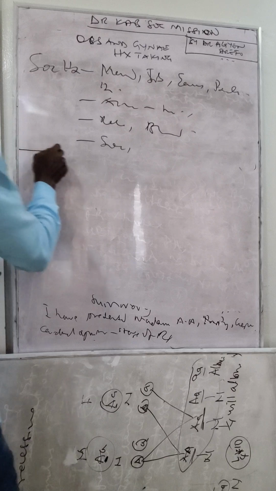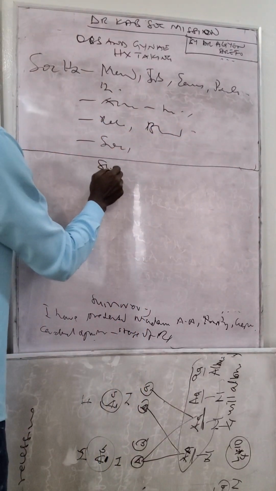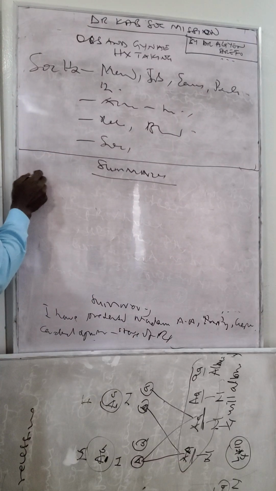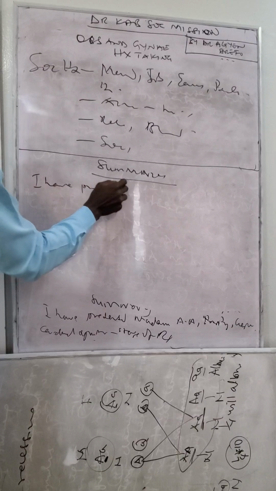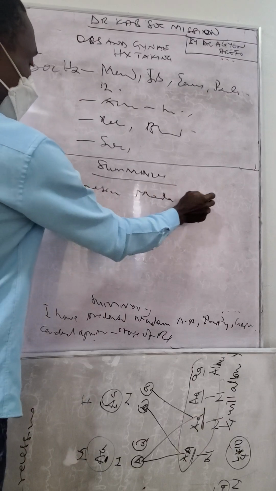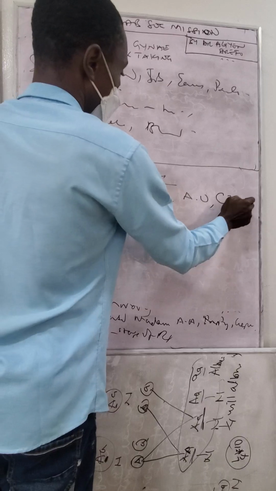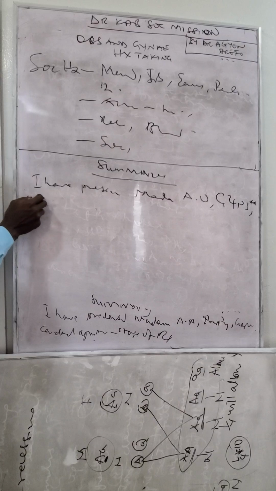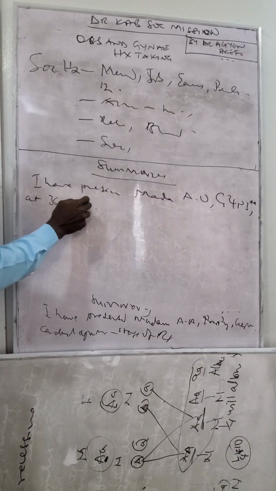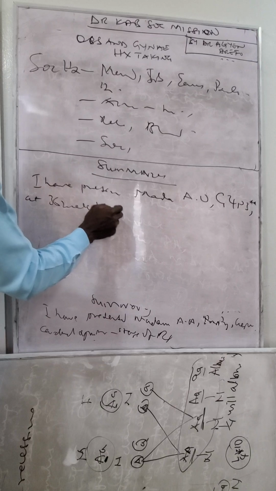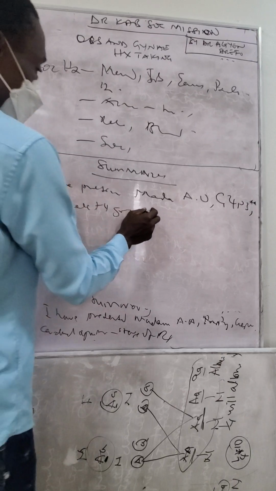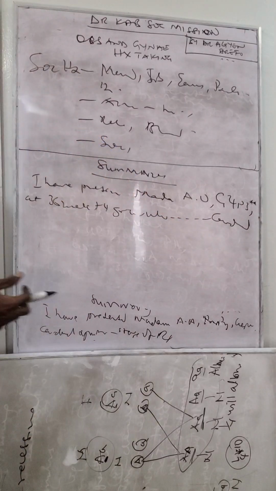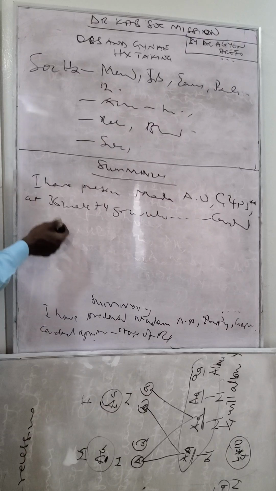So when you are done with the social history, then you come to the summary. Like I said, let's say I have presented Madam A.O., Gravida 4 Para 3 alive, at maybe 36 weeks gestation, who presented with, or who was referred on account of high BP from the General Hospital.